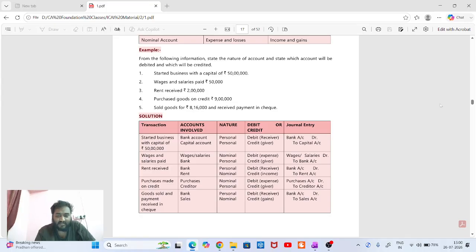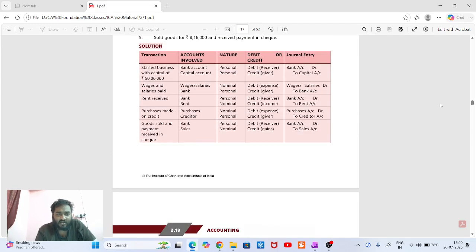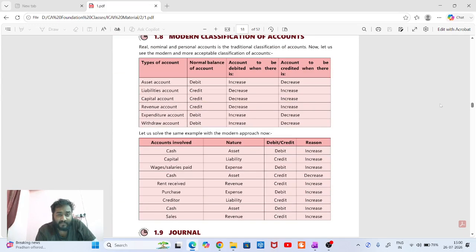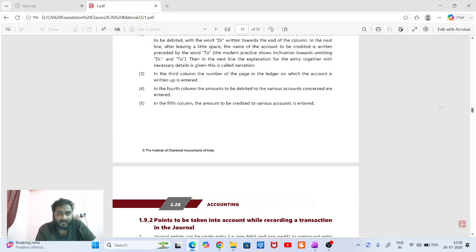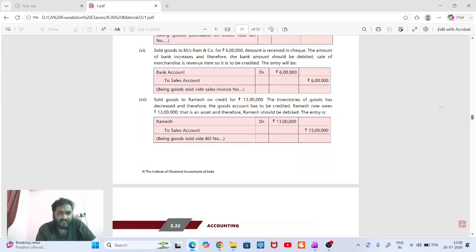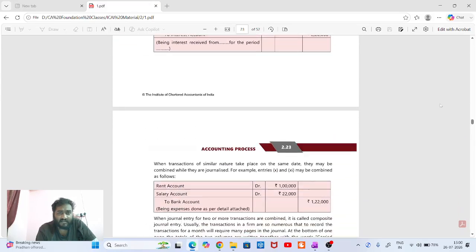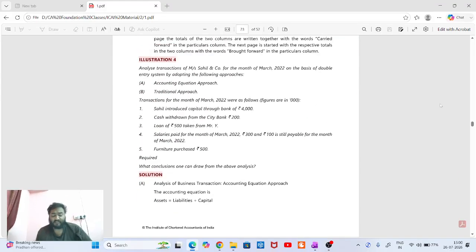Just read the example once, please, page number 2.17. This is the format. You can all skip this, these are just explanations. I'm going to explain you in the question itself. Analyze transactions and so on.